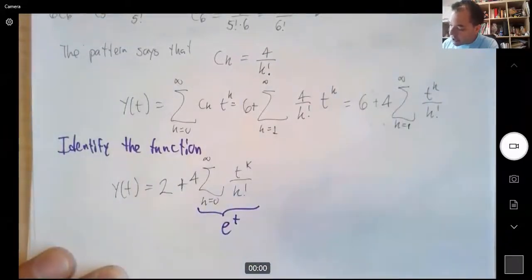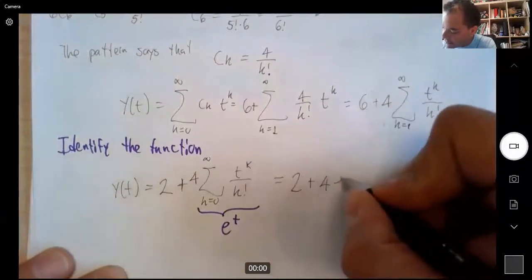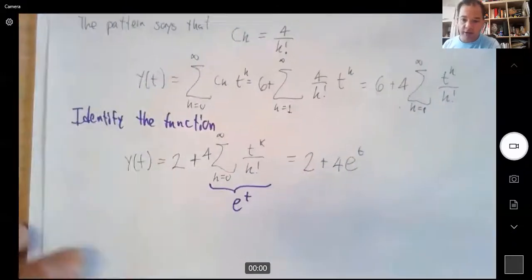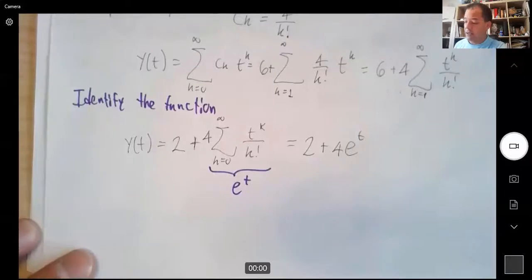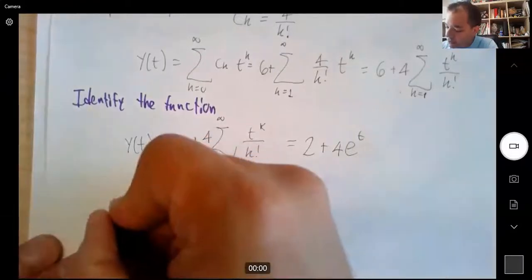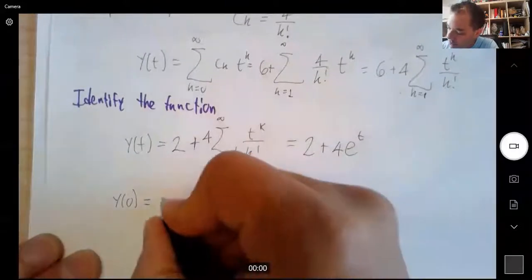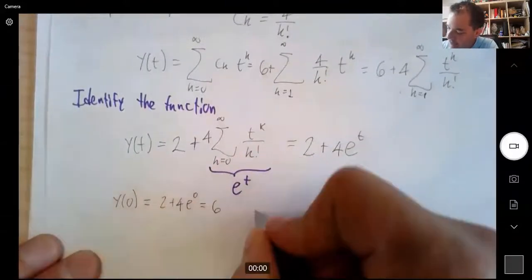So we actually can write our function in a compact way. It is 2 plus 4 times e to the t. That's the answer to our differential equation. Let's check it just for the sake of it, right? So what is y of 0? When we do 0, it would be 2 plus 4 e to the 0, and that's 6. Nice.